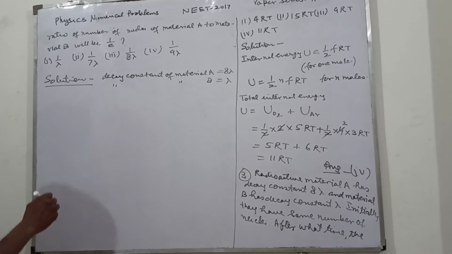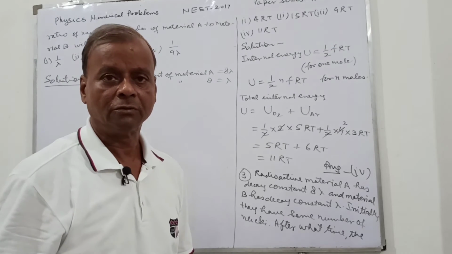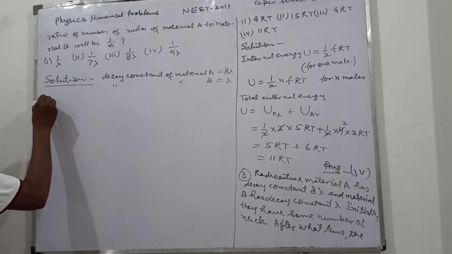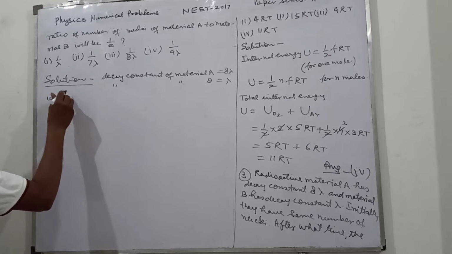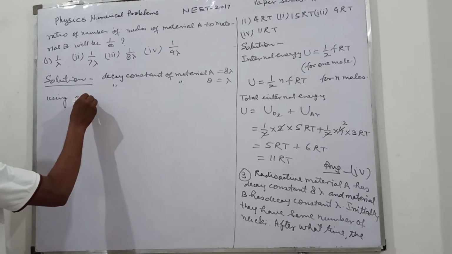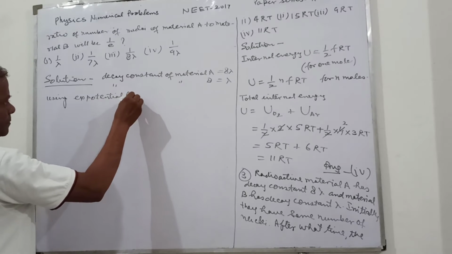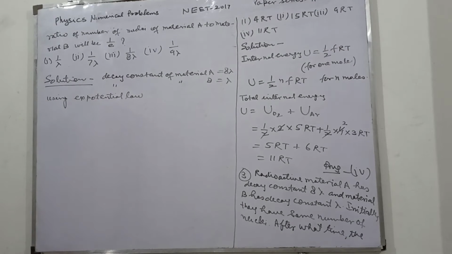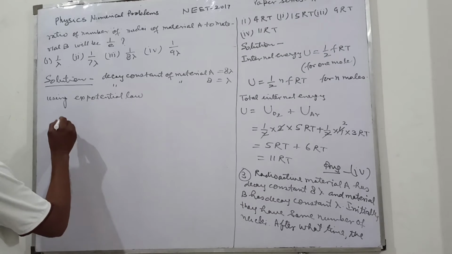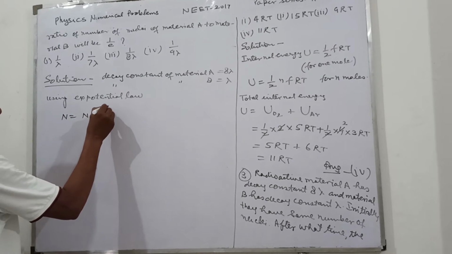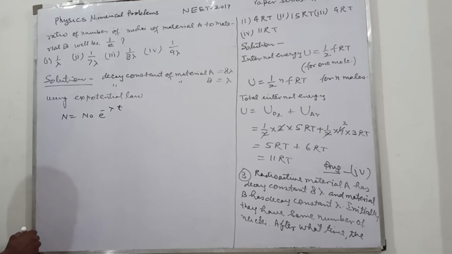So now we have the exponential law for the decay. Using the exponential law, N equals N naught e to the power minus lambda t.